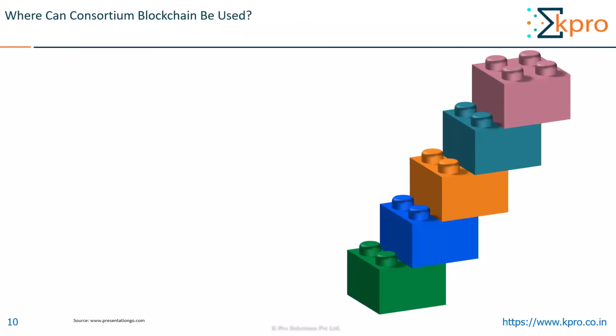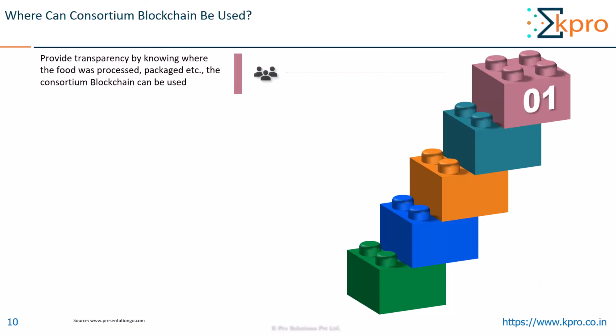Next, let us see where this consortium blockchain can be used. It can be used when anyone tries to bring transparency to a food supply chain by making people aware of where the food was processed, packaged, etc. While buying any food, we can scan the code and track the entire journey all the way back to the starting point.